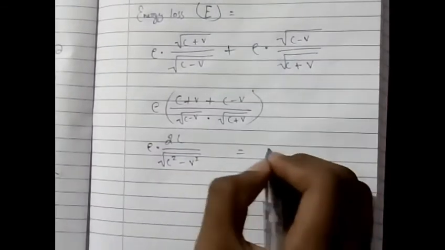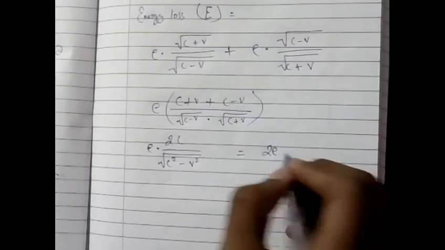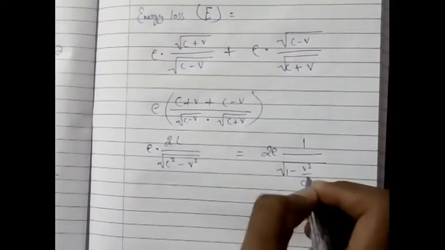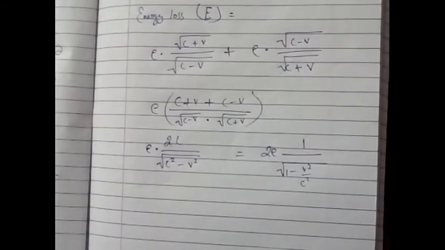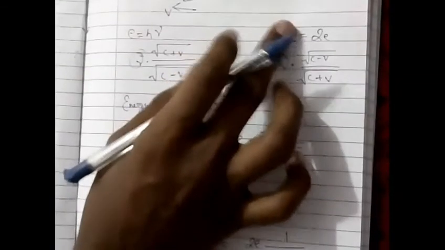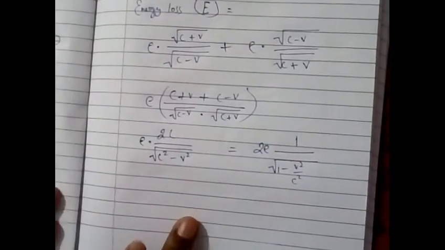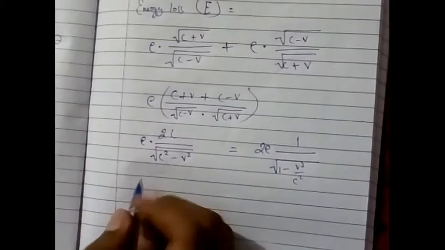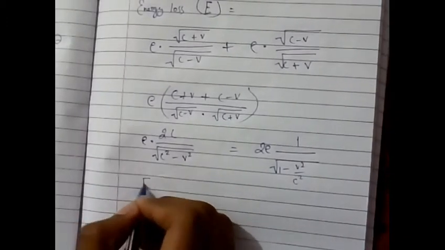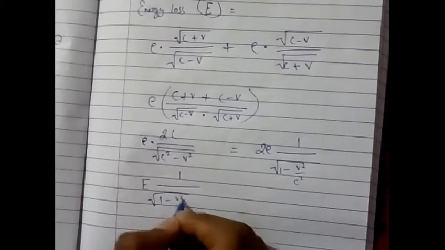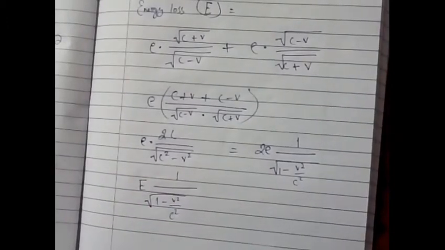That is equal to 2E times 1 over under root 1 minus V square over C square. And as we know that 2E is the total energy, we can just write it as E times 1 over under root 1 minus V square over C square.